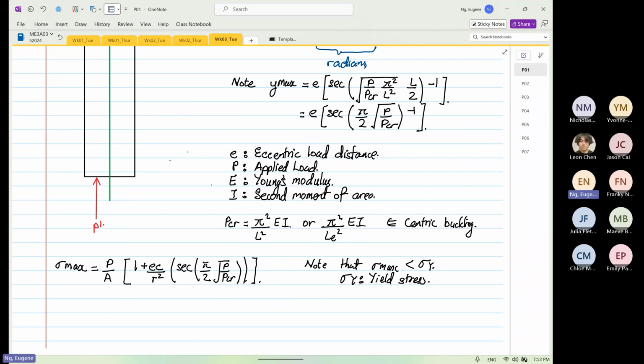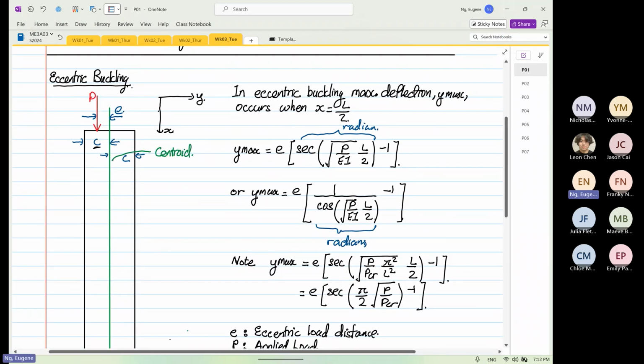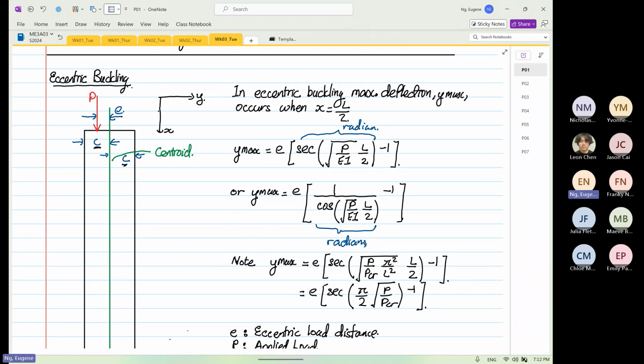The only term that we don't know is C, the furthest distance away from the centroid. This is where the centroid is. This is C, the distance furthest away from the centroid.